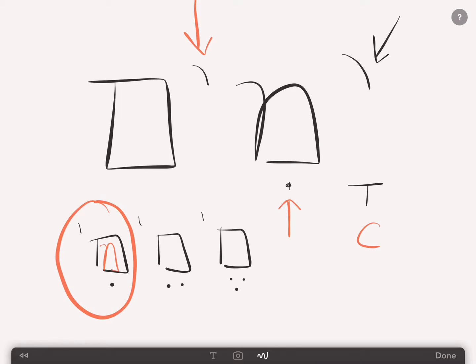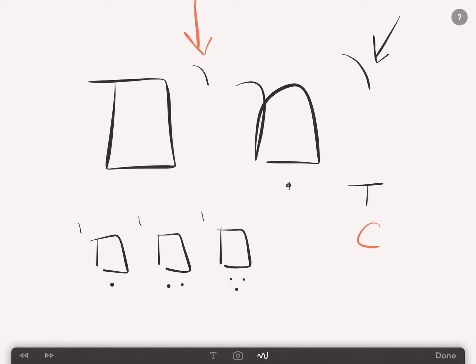If this yod was a consonant, the question becomes, where is its vowel? And the answer is it does not have one. So in that case, that yod must go with the hirik, and it is our historic long hirik yod.